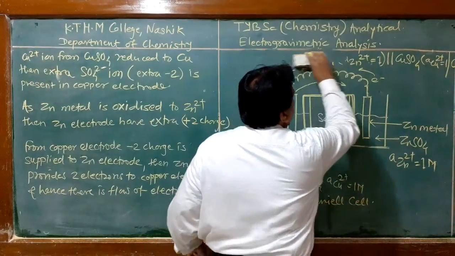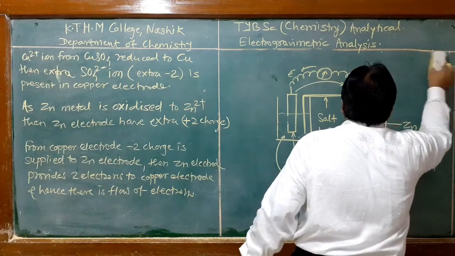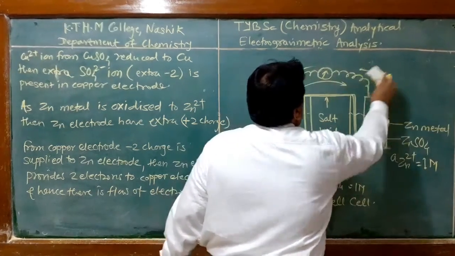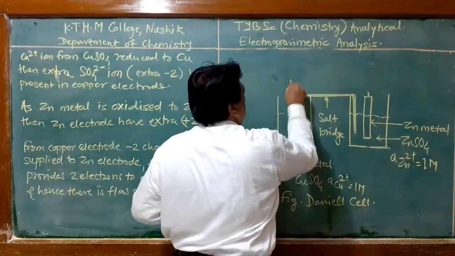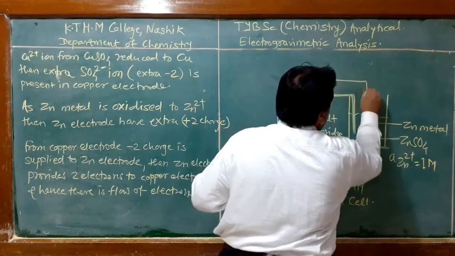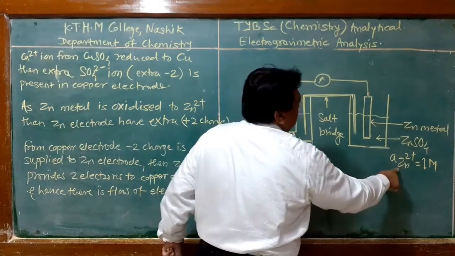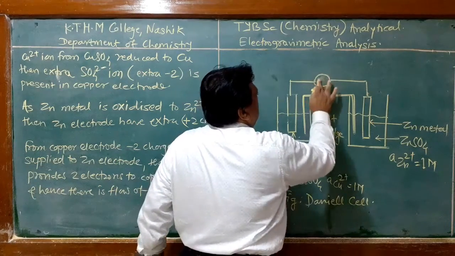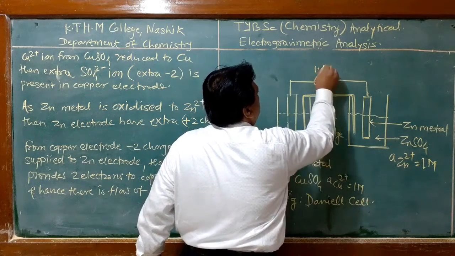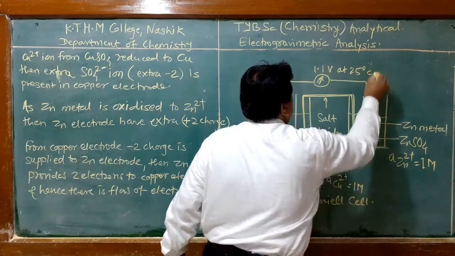When the activity of copper ion and zinc ion is 1 molar, the potential difference is found to be 1.1 volt at 25 degrees centigrade.